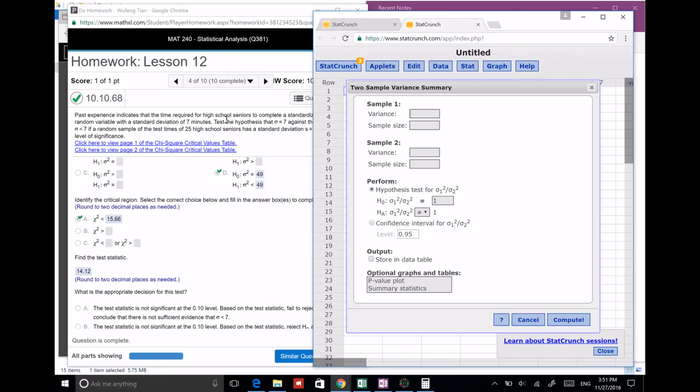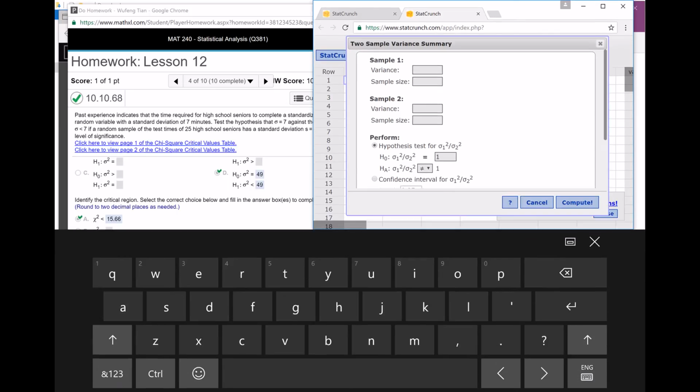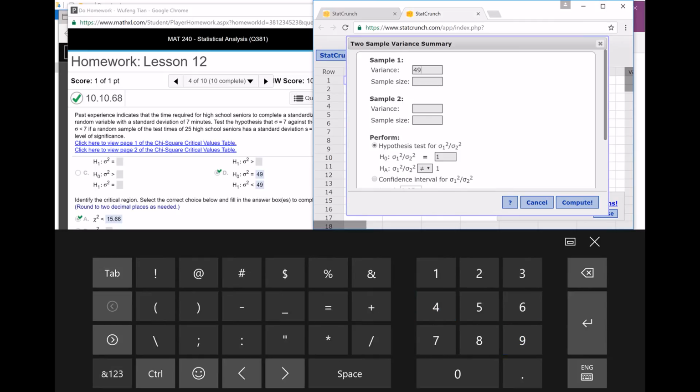Because the sample size of the first one is 49. The other sample size is 25.